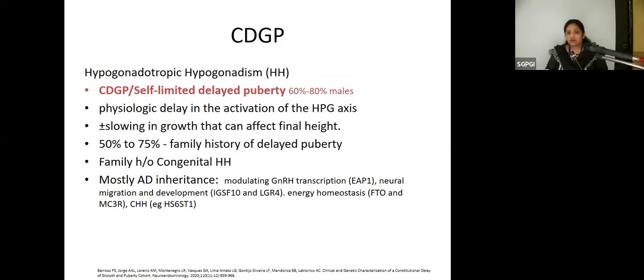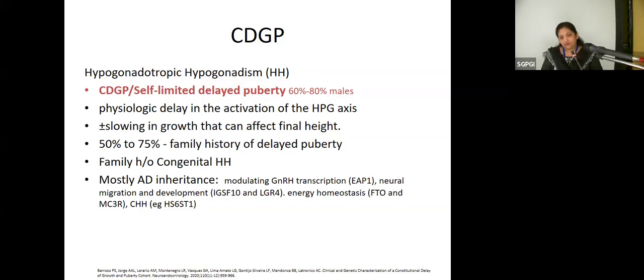In 50 to 75% of cases, we get a family history of delayed puberty in one or both parents. But it is important to understand that even congenital hypogonadotropic hypogonadism has a significant family history, so if one or both parents have a history of delayed puberty, a suspicion of CHH should be kept as well.